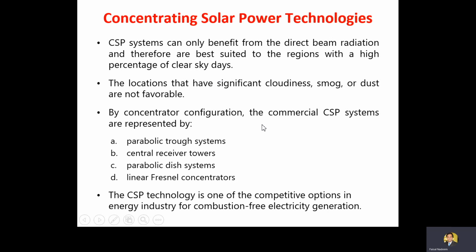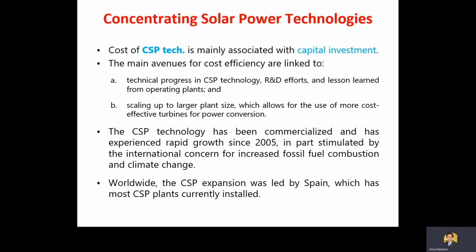By concentrator configuration, the commercial CSP technologies include parabolic trough systems, central receiver tower, parabolic dish system, and the linear system. In the coming slides, we will discuss all these technologies, which are examples of solar thermal concentrated solar power technologies. The cost of concentrated solar power technology is mainly associated with capital investment.